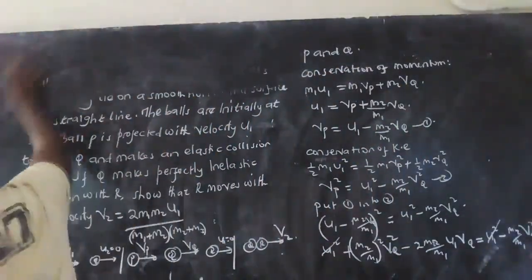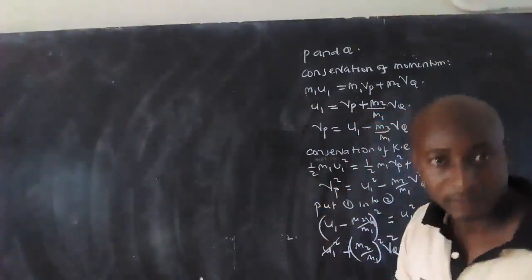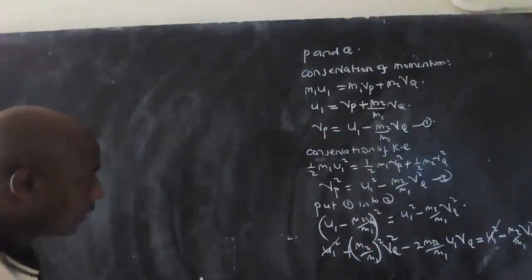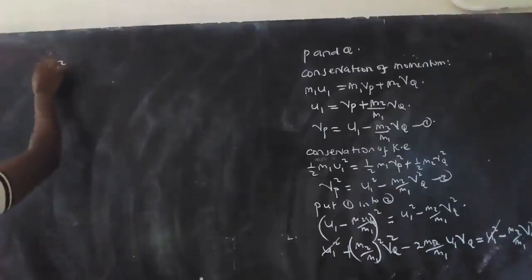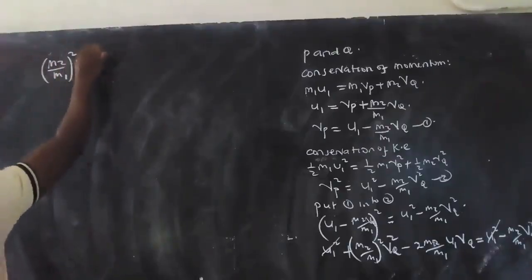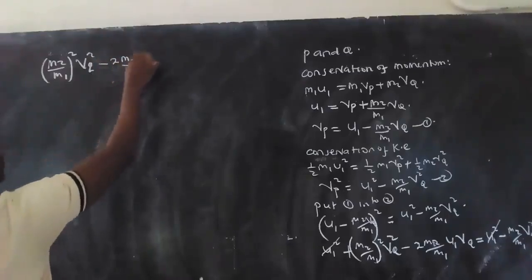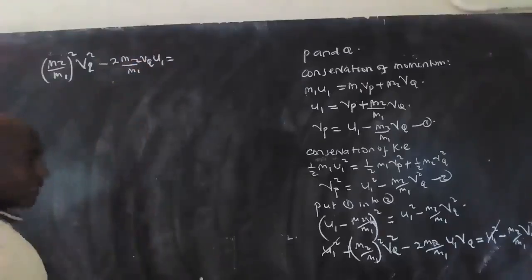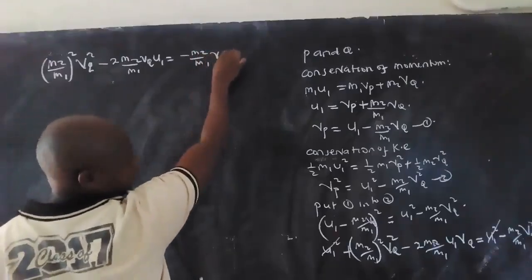Let us use this part here. The rest, we are left with M2 over M1 squared V2 squared minus 2 M2 over M1 V2 U1, equal to negative M2 over M1 V2 squared.